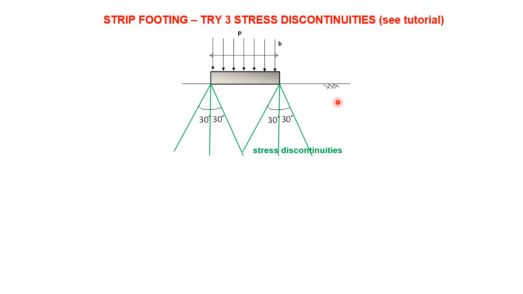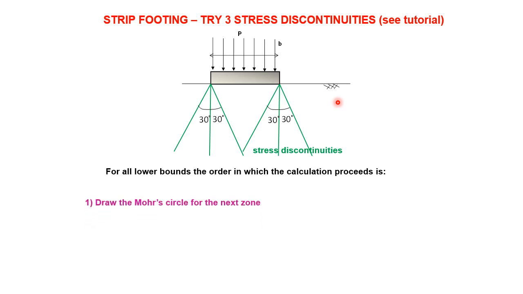Let me just go through the sort of methodology. The order in which the calculation should proceed is always this. Firstly, draw the Mohr circle for the next zone. Well, we'll start with the first zone. Identify the pole of the Mohr circle that you've just drawn using stresses that you know.